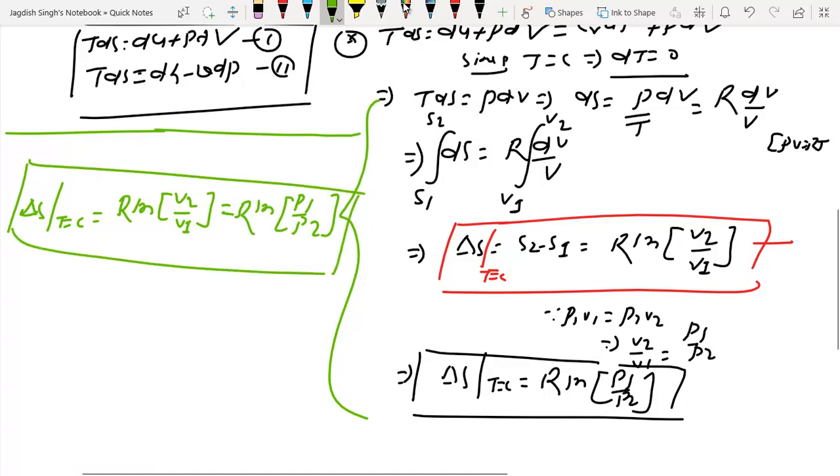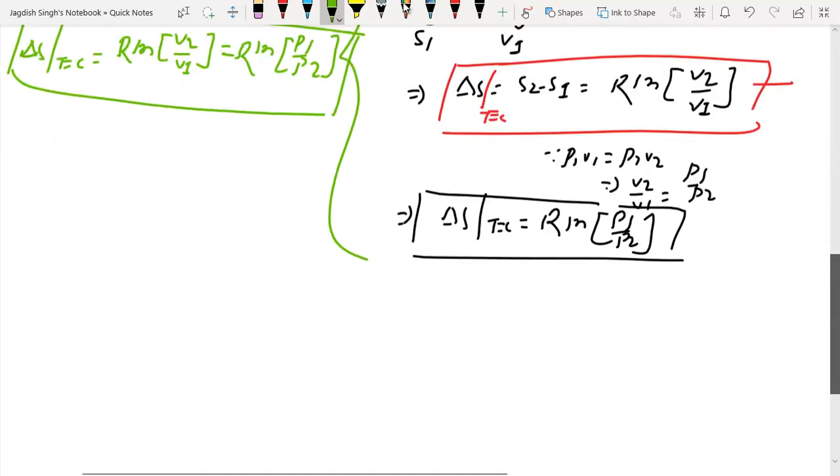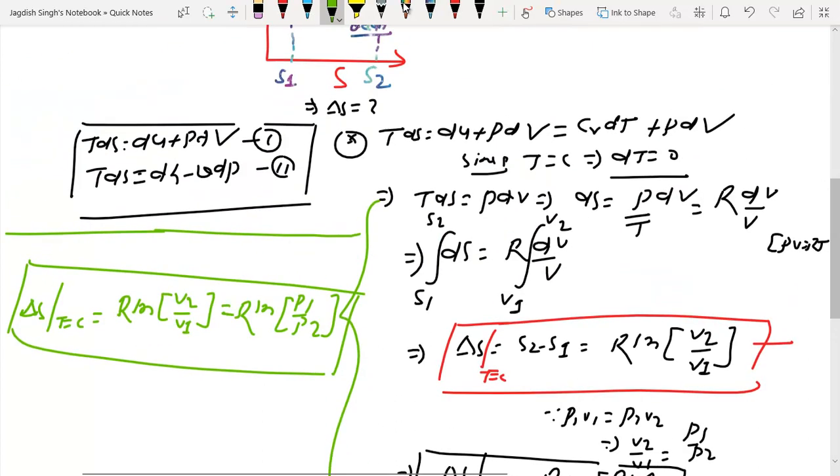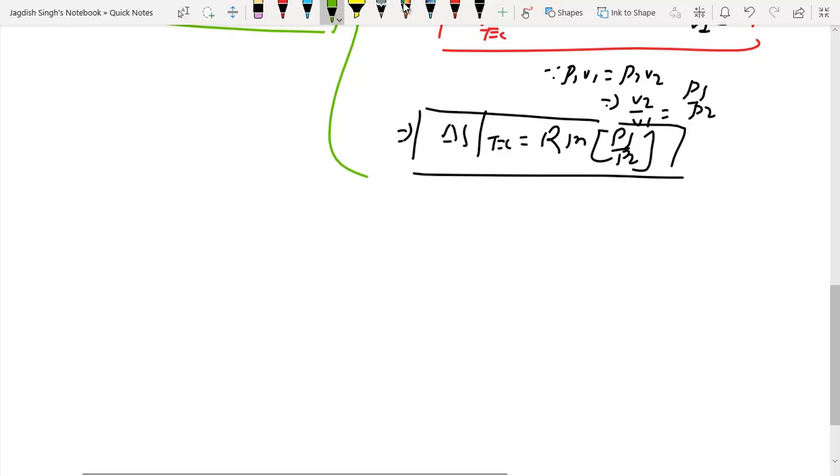Both are the same. This is the entropy change for an isothermal process, the entropy calculation for a reversible isothermal process.